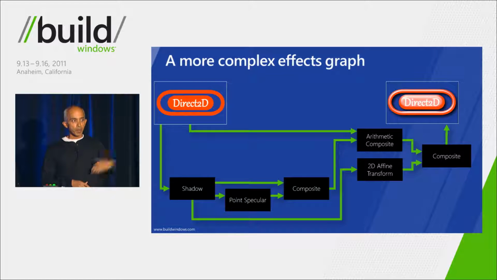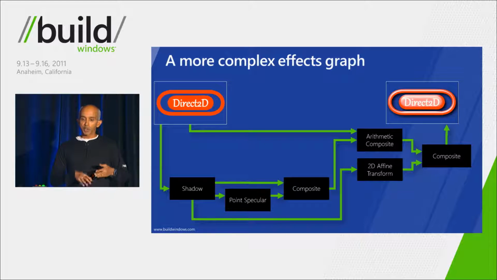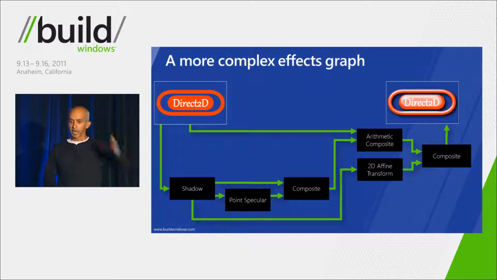Megha covered that in her previous talk, but to get the most performance out of that, one of the techniques you can use is to cache the output at various points in your graph, depending on the kind of operations you're performing. For example, if I am manipulating the output at the end of the pipeline, I want to cache anything before that so that I'm not recalculating the whole graph every time I'm manipulating the properties on a particular effect.